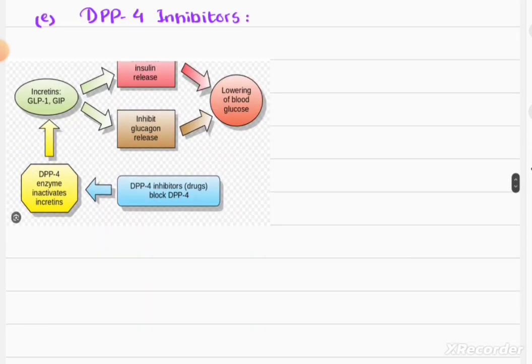They also have a very interesting mechanism of action. Whenever we take a meal, there is a peptide release called GLP-1, and this GLP-1 peptide is increased whenever we take a meal.